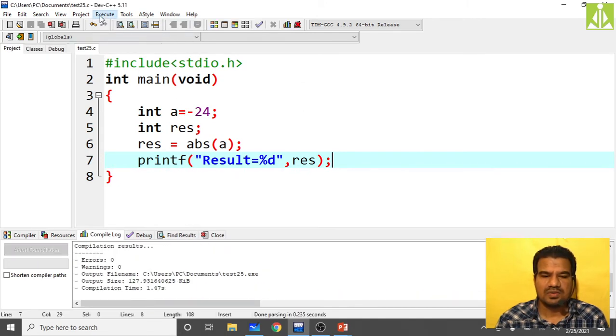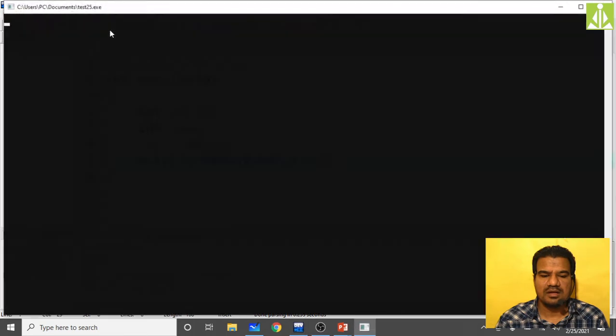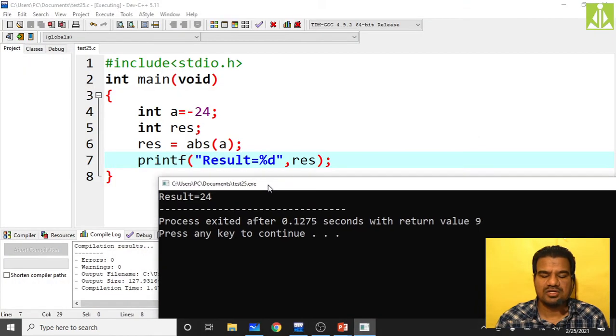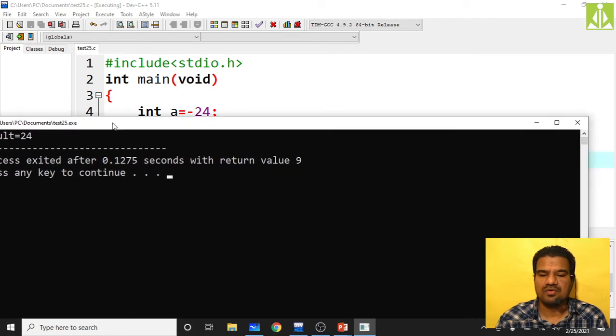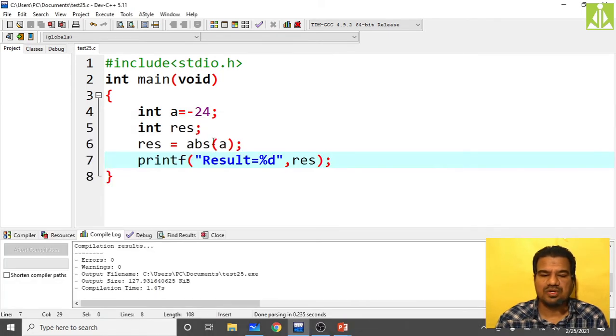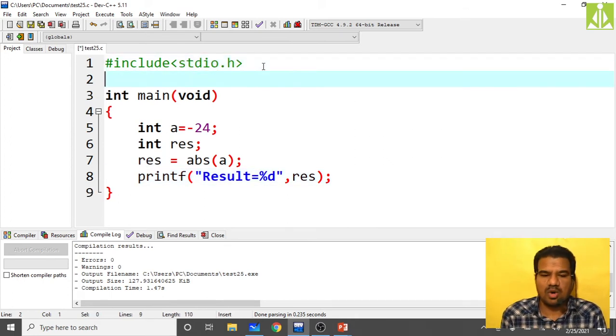Okay, so then run. Yeah, we are getting 24 instead of minus 24, we are getting 24. See here, this absolute abs function, it is also there in stdio.h. So generally, in order to make that function work, if the absolute function is not supported, then we have to include math.h header file into our program.